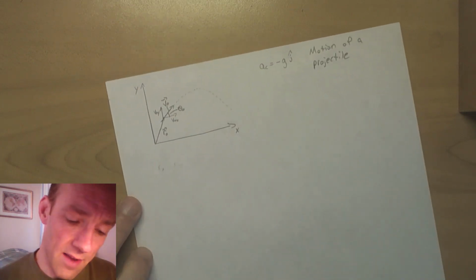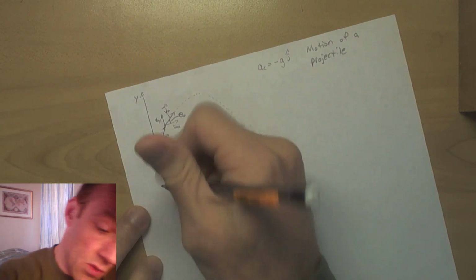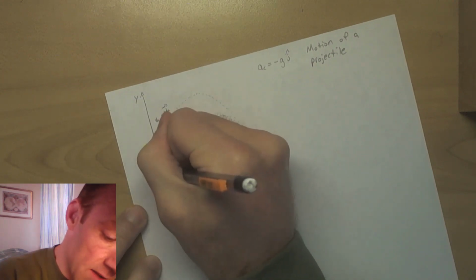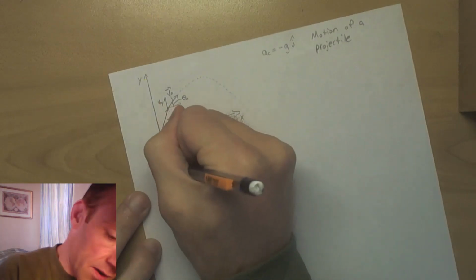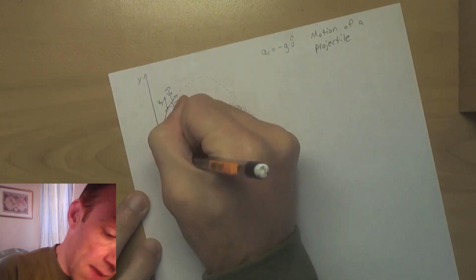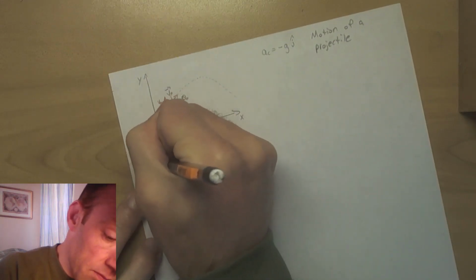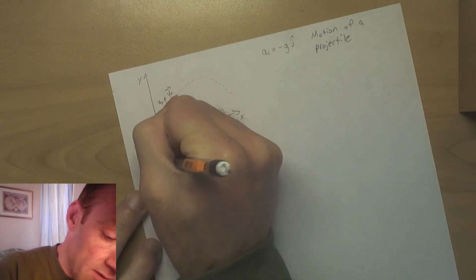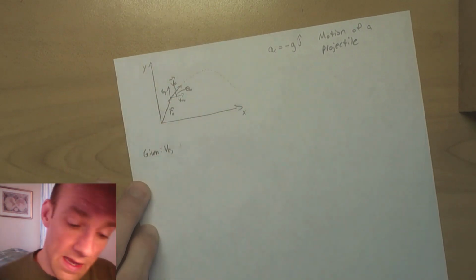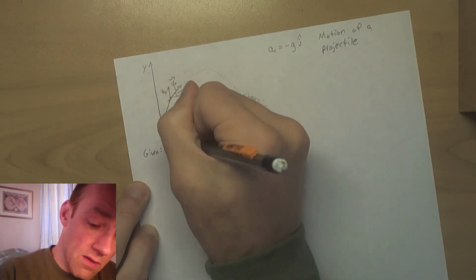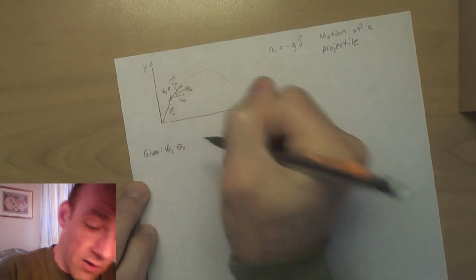So a lot of times, a typical case would be you're given the magnitude of the velocity at time 0 and the angle at which it's fired at time 0.